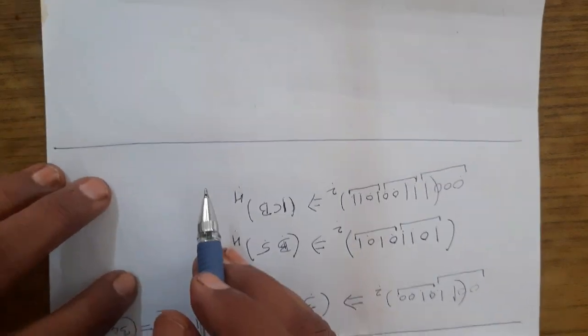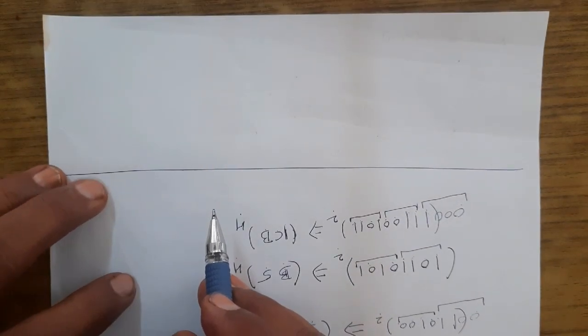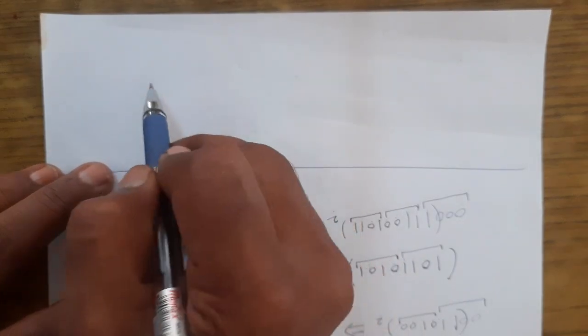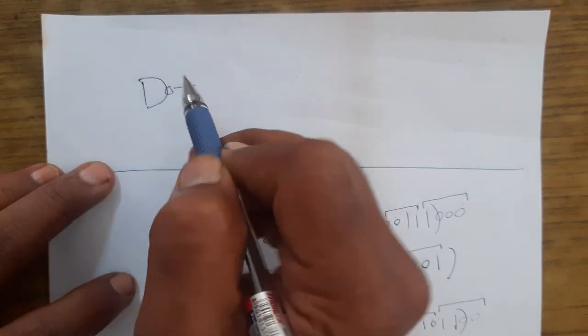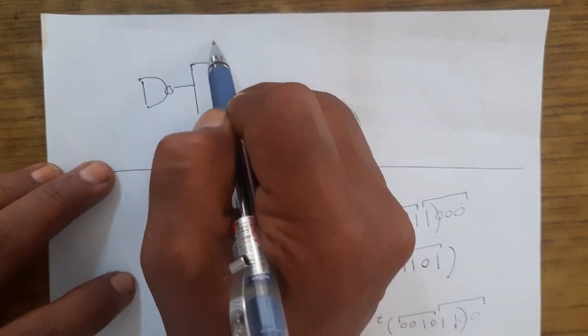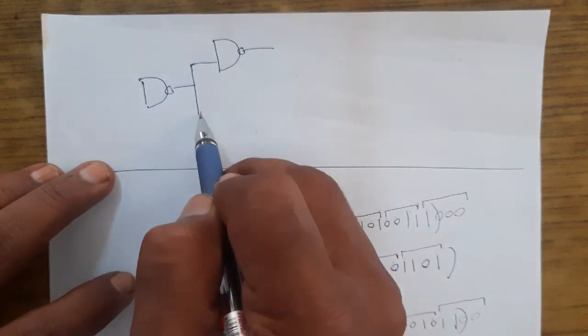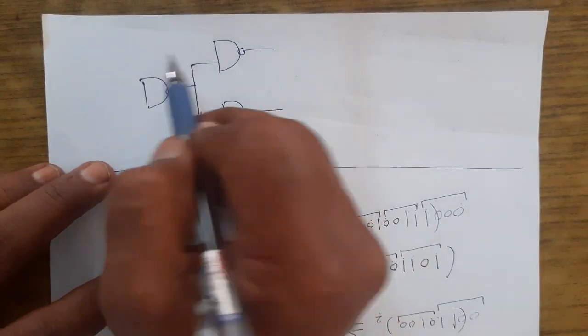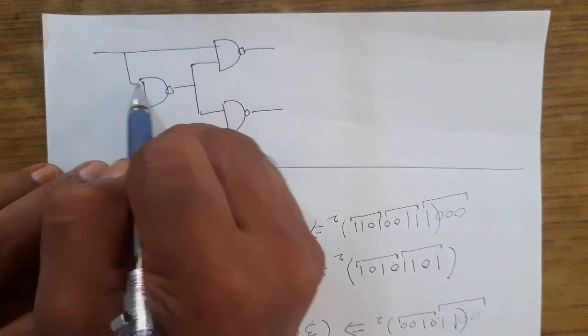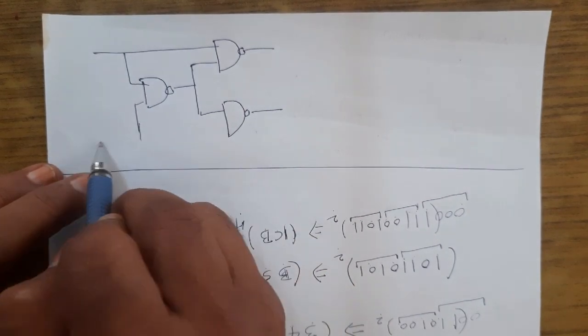Therefore, it should satisfy the expected truth table for the XOR gate. I will draw the circuit first and then you will observe that it is very interesting. This is the circuit diagram or the block diagram for the implementation of the XOR gate.